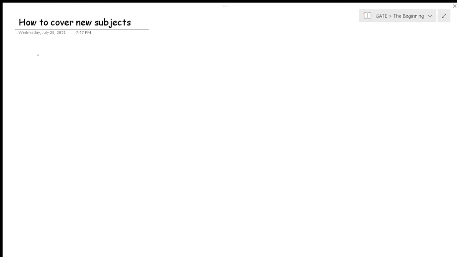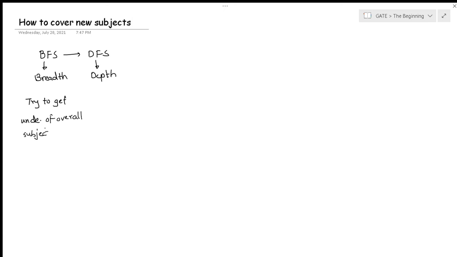So in order to study them, what I used to do is breadth first search earlier, followed by depth first search. So this is your breadth first search and this is your depth first search. What I generally mean is that first of all, try to get an understanding of the overall subject and its subtopics.